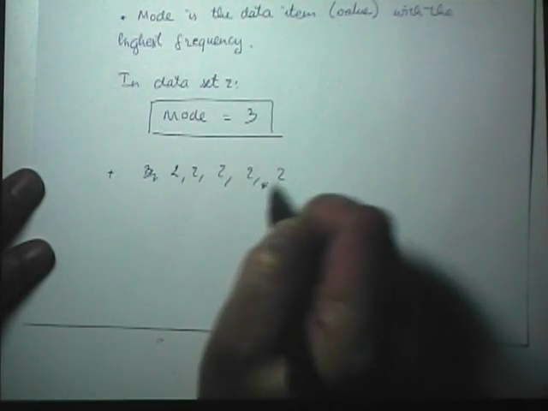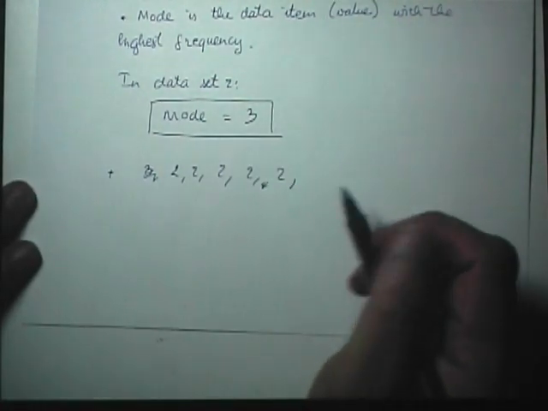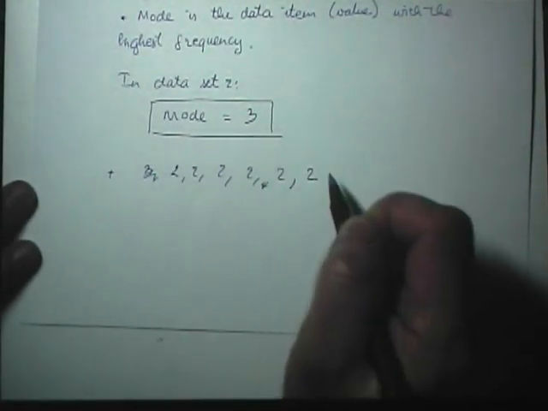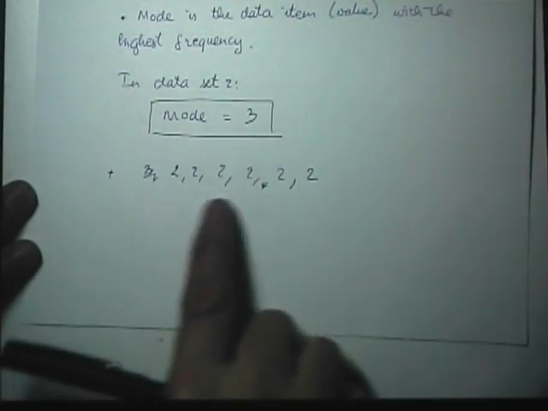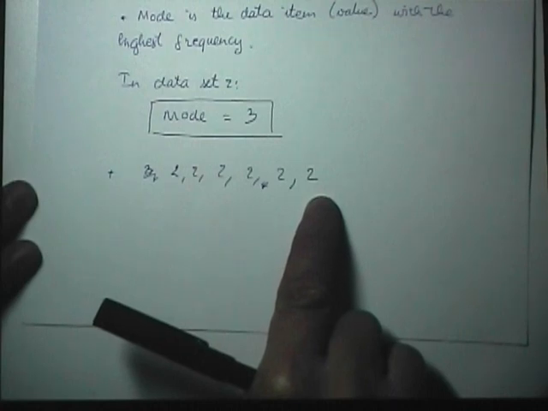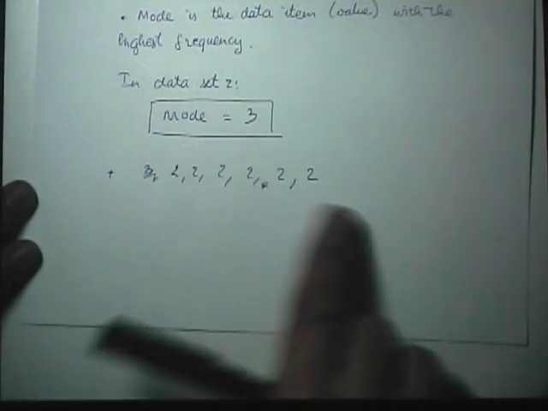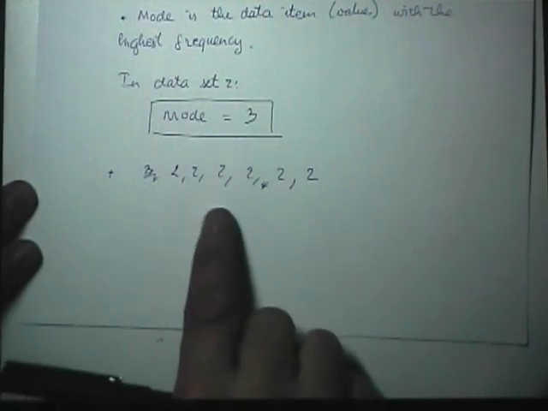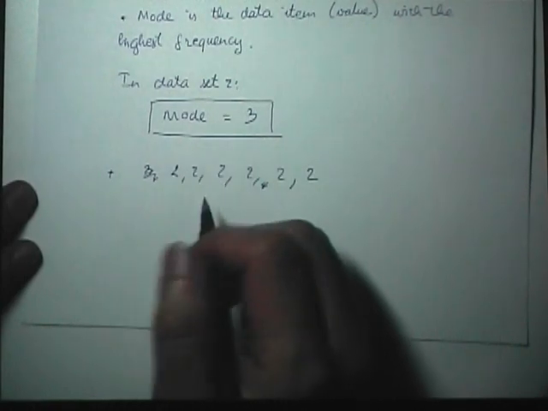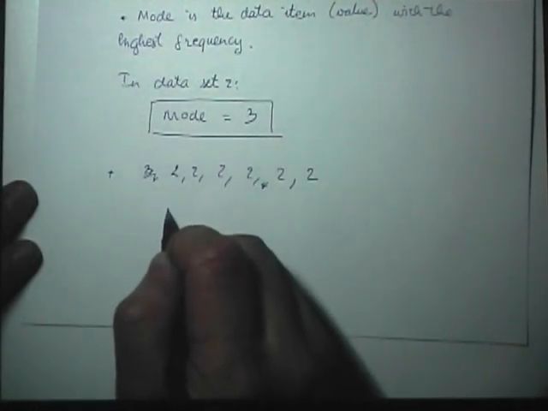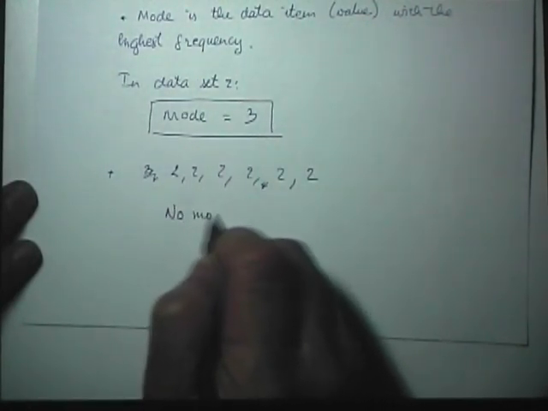This is ridiculously impossible, but in theory it could exist. So if your data set contains all the same values, all uniform, even though there is more than one data value, it's just the same number, then what's the mode? In this case, you call that no mode.